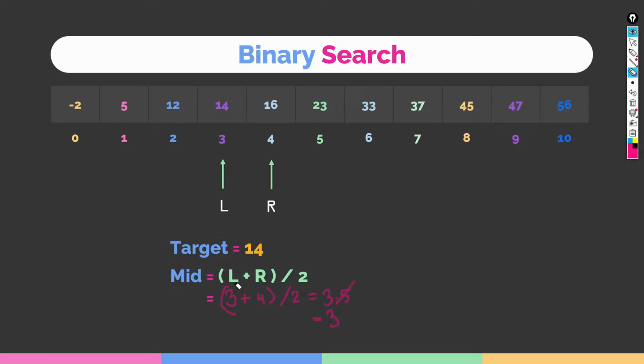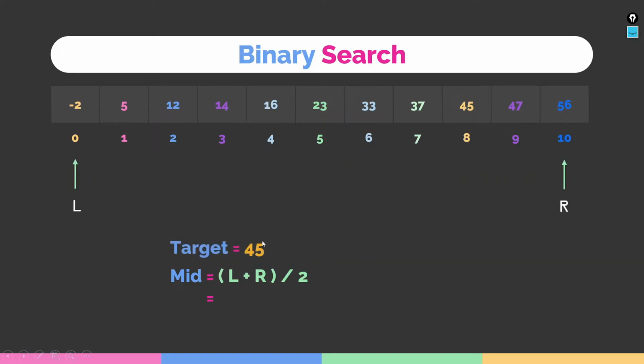Now let's try to find 45. For 45 we again start with L at 0 and R at the last position. So the mid will be 0 plus 10 divided by 2, which is 5.